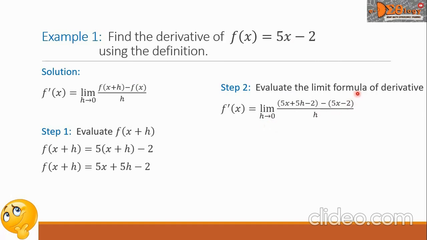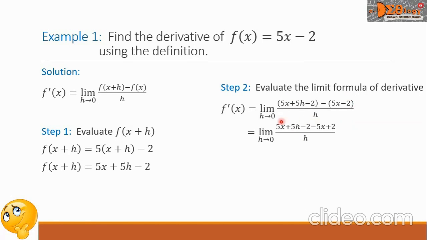Let us simplify by removing the grouping symbol of our numerator. So we have now 5x plus 5h minus 2 minus 5x plus 2. We can see that some terms in our numerator can be simplified or combined together.